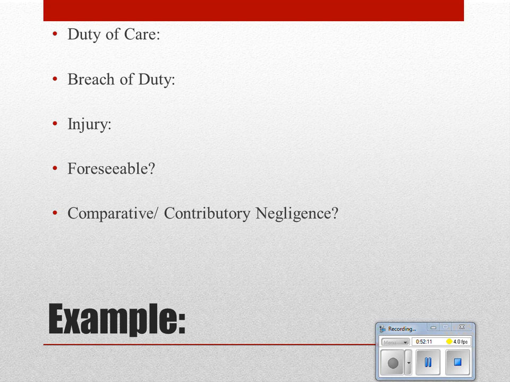Under a comparative negligence system, Dan may be found to be 80% at fault for hitting someone while making a left turn, and Ann may be 20% at fault if she is speeding.